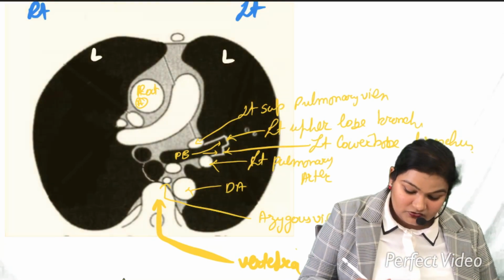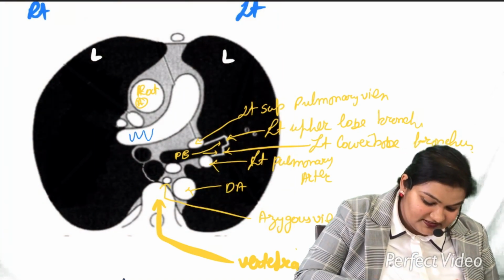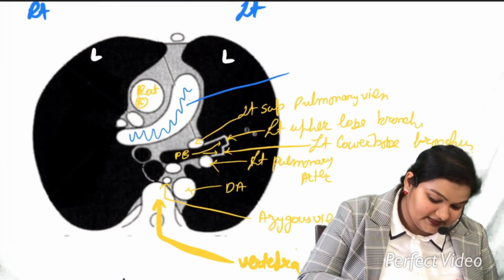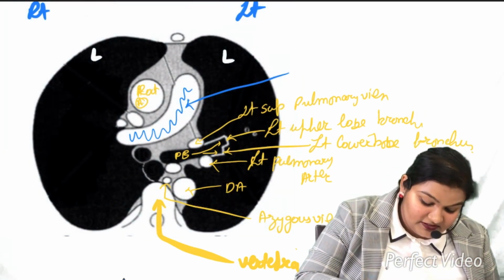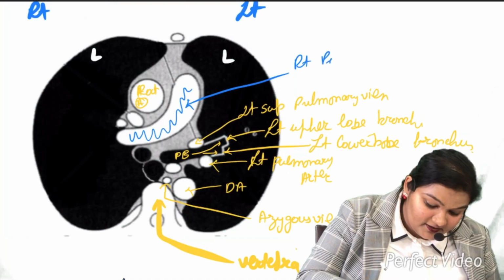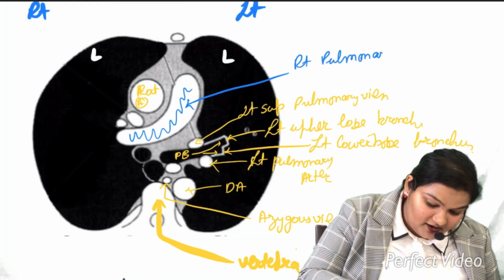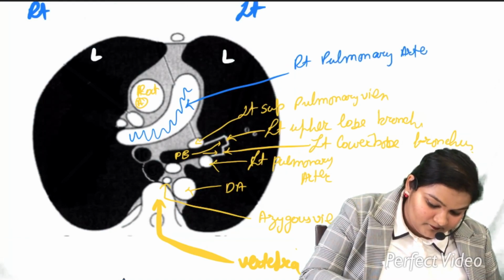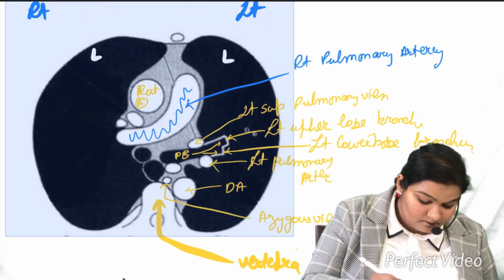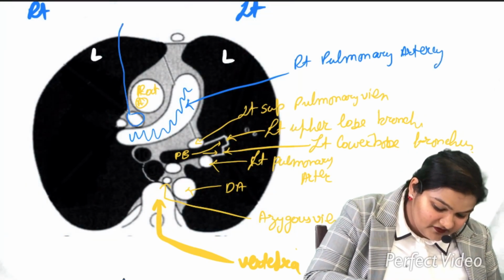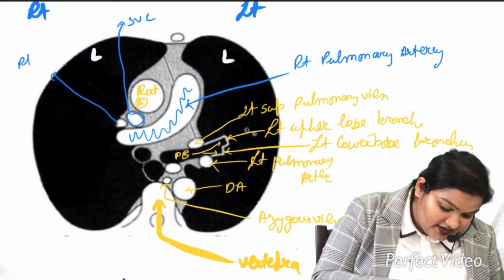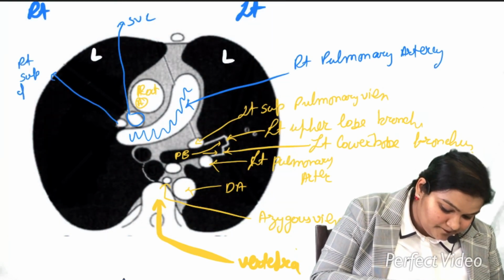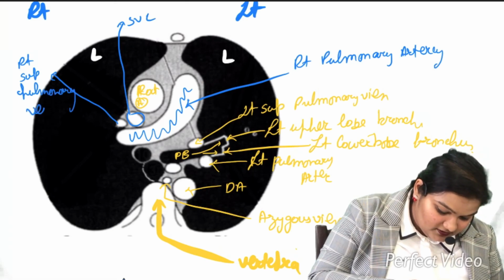Okay, so are you able to appreciate this big structure? It is on the right side, but still I am labeling it here. We have the right pulmonary artery. Okay, so this one is our superior vena cava and this one is our right superior pulmonary vein.